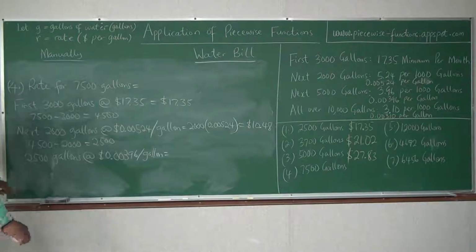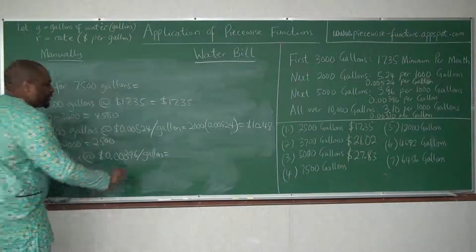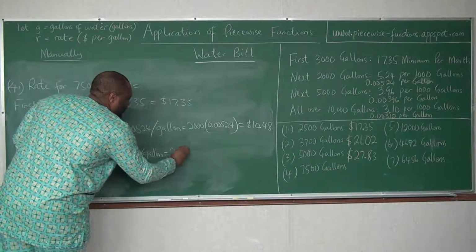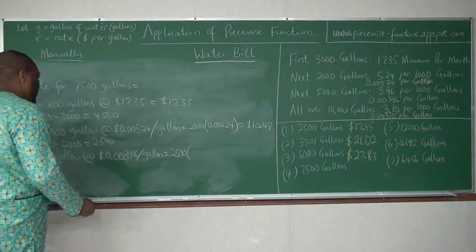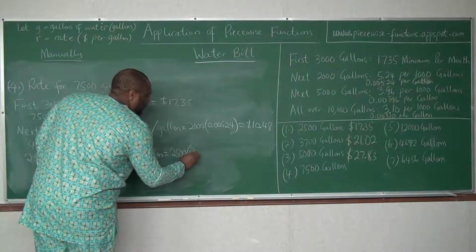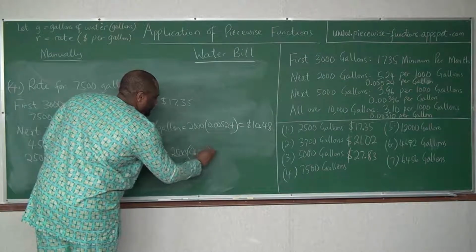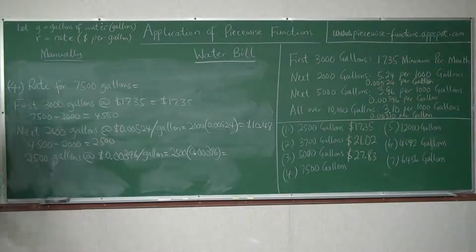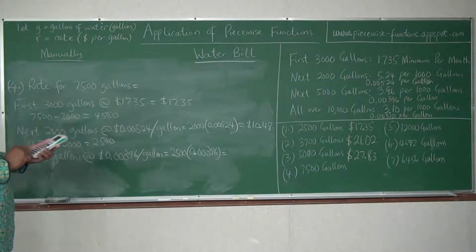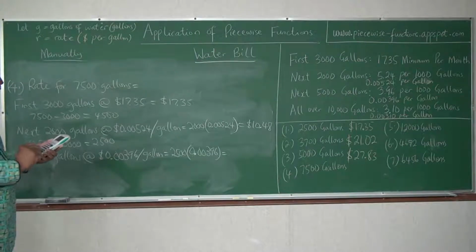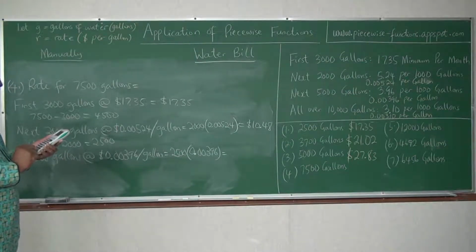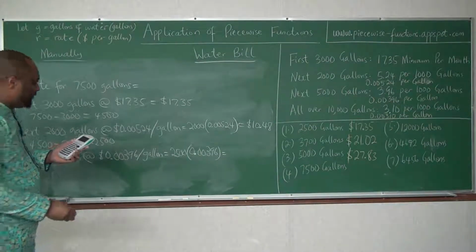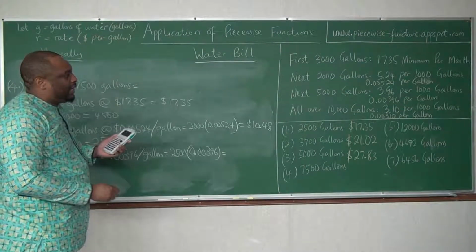Per gallon. And that gives us 2,500 times 0.00396. And that gives us what? That gives us $9.90.